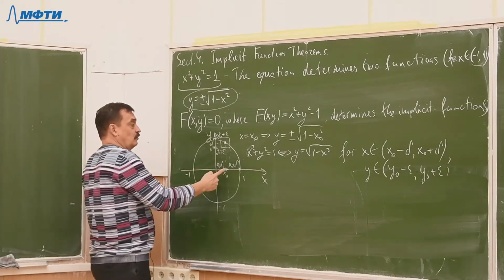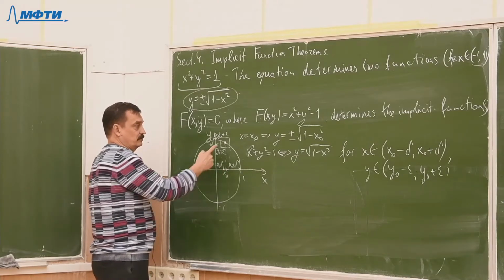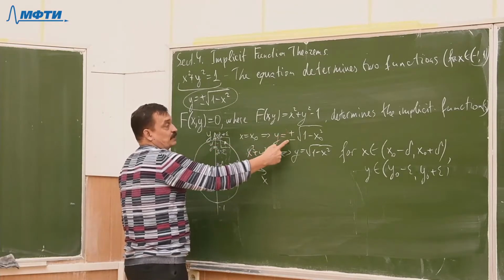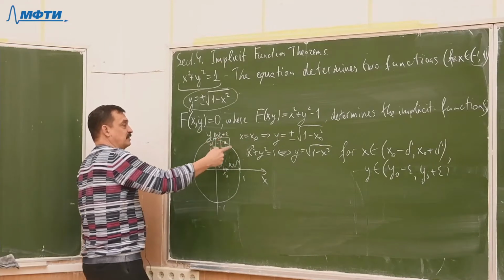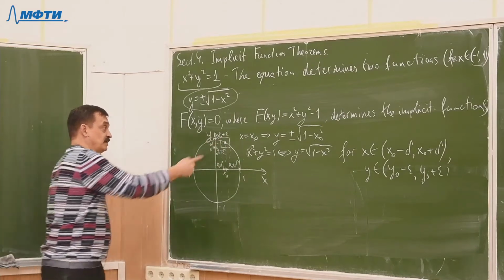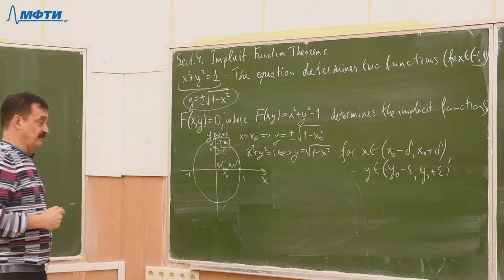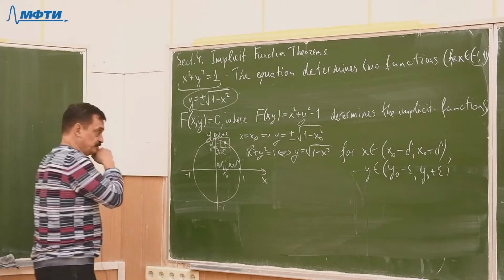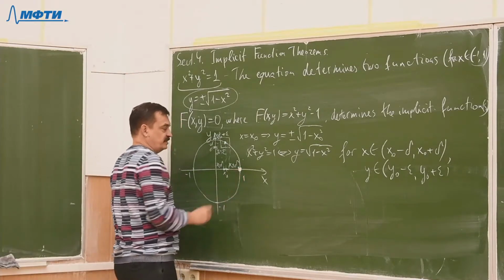So once we choose x0 between -1 and 1, for arbitrary y0, doesn't matter plus or minus, if we choose one of them, then we can solve the equation in such a rectangle uniquely. But there are exclusions. And one exclusion is here.